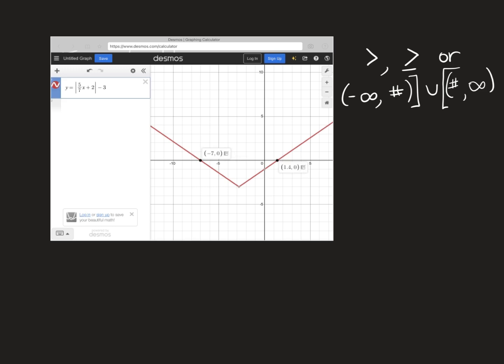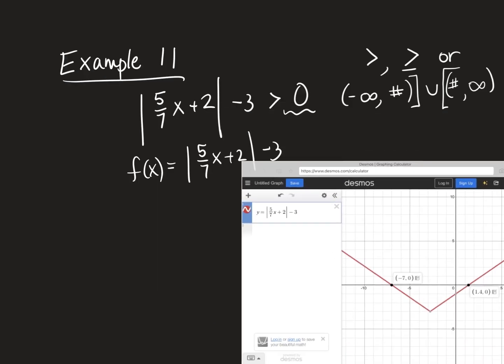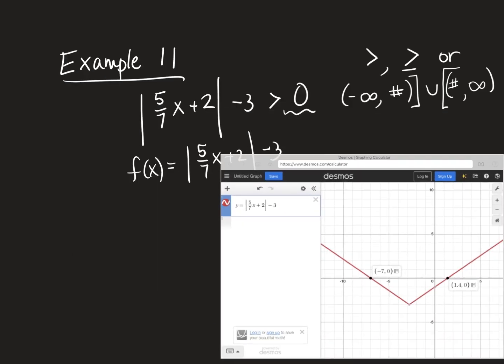Think of this as your number line. You have an open circle here, shade forever to the left, and an open circle here, and shade forever to the right.